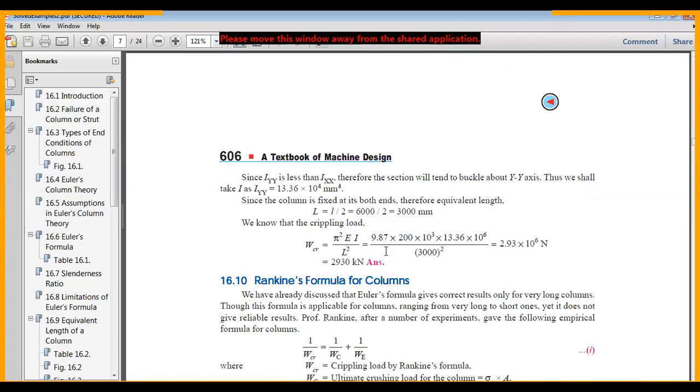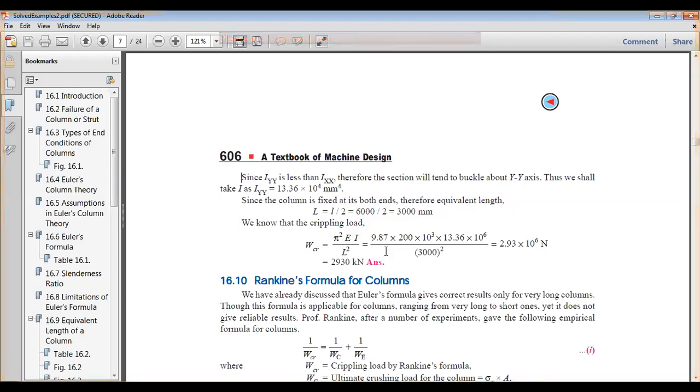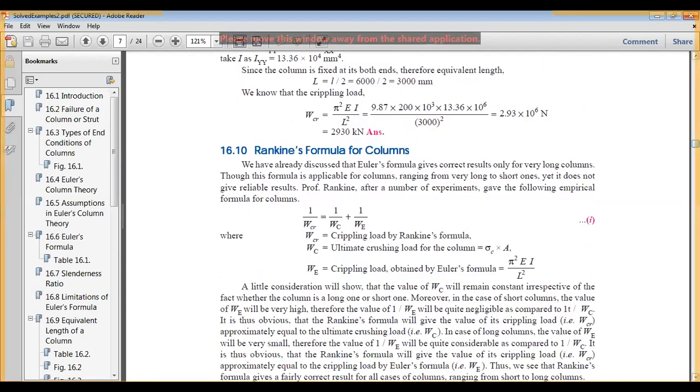Rankine's formula we are not going to discuss in detail, but just to know how it is applied and what the difference is. Rankine's formula is slightly different. It is also an important formula for columns. In Rankine's formula, we consider the crippling load by Rankine's formula, the ultimate crushing load of the column WC, and Euler's formula.